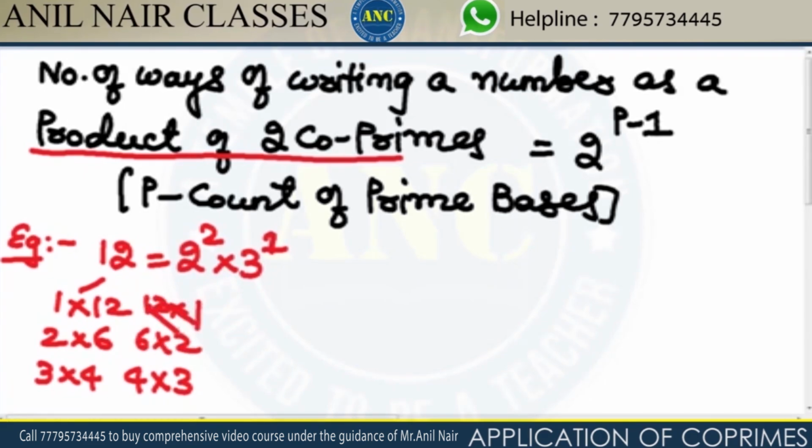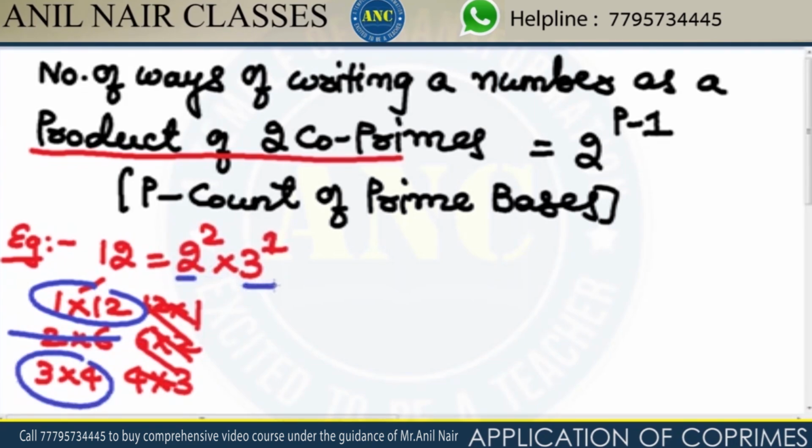Now unordered we will do first. Unordered, if you see, 2 and 6 are not coprime. So how many we got? 1 and 2. How many prime bases we got? 2 prime bases we got. So 2 power 2 minus 1 is 2 power 1, which is nothing but 2 ways.